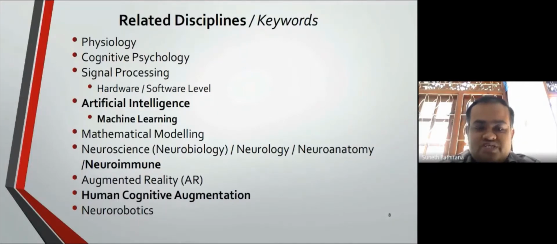And augmented reality can be combined to have a better experience, and human cognitive augmentation, again, a kind of simulation of human cognition, or psychological behavior modeling we can have. And neurorobotics. Again, these are related disciplines. We can find tons of related disciplines, but these are the most related research disciplines.